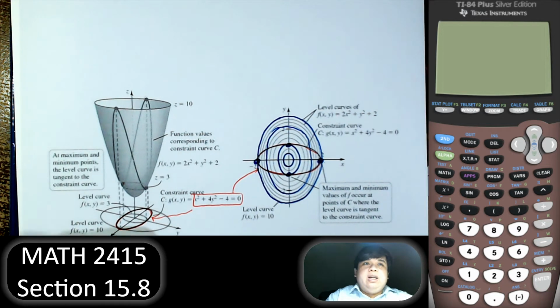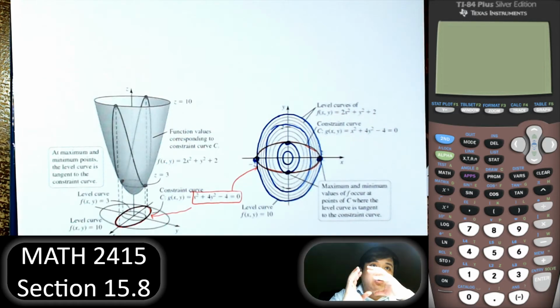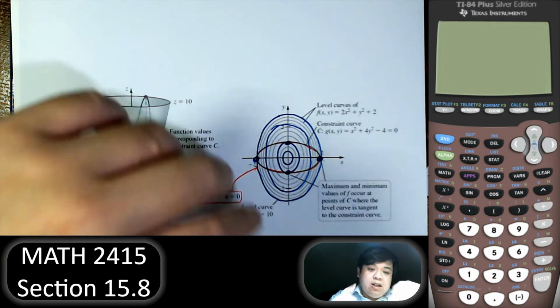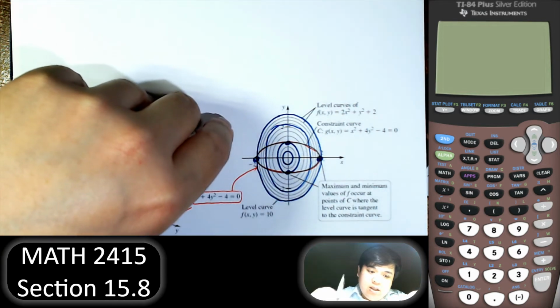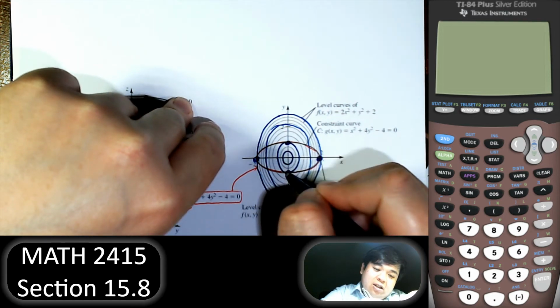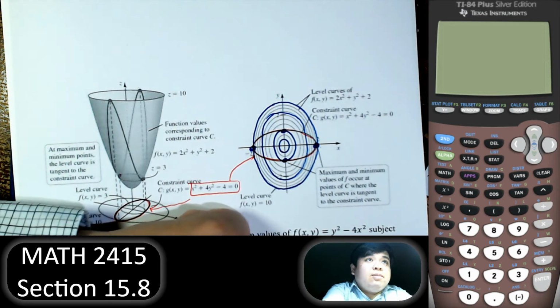So essentially, in terms of graph, we have the constraint, and we graph a bunch of level sets, and then we find the intersection on the level set. That gives us the maximum and minimum.